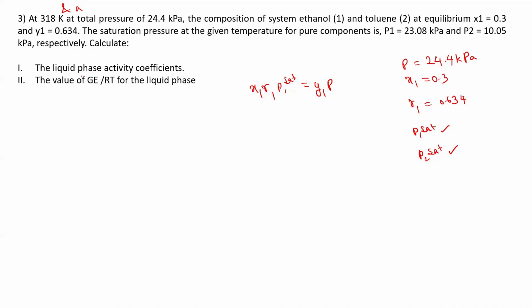So, what do we want? Gamma 1 is not known. So, gamma 1 is y1 P by x1 P1 sat. Sorry, this is y1.